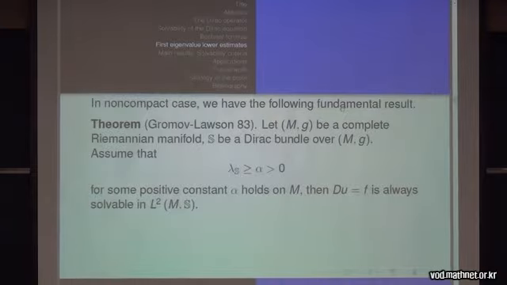As far as I know, there is only one existence result due to Gromov and Lawson. It says that if M is a complete Riemannian manifold and S is a Dirac bundle over M, if the curvature is bounded from below by a positive constant, then the Dirac operator is always solvable in L2 space.